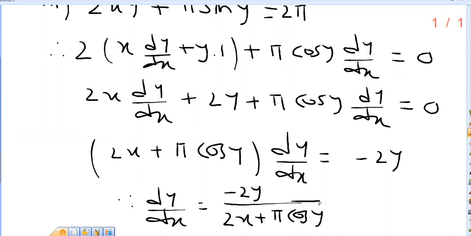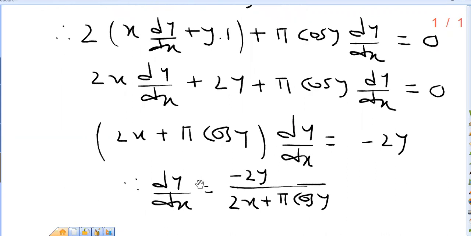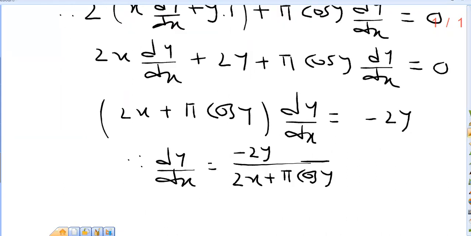Now tangent is drawn at which point? This is just the gradient of the curve. Now tangent is drawn at 1 comma pi by 2.